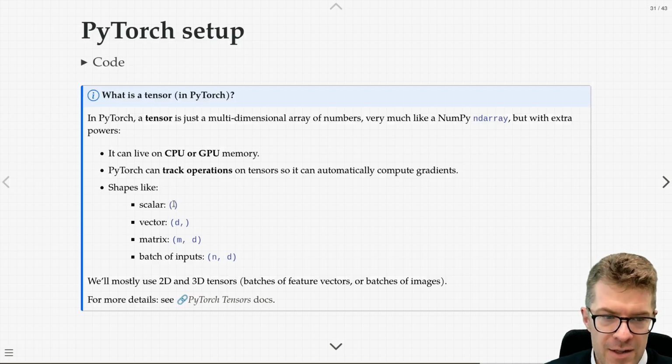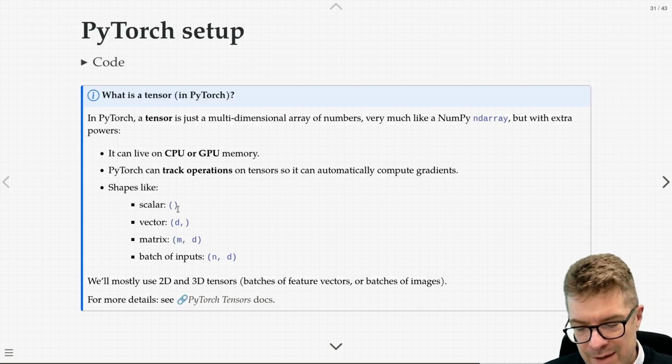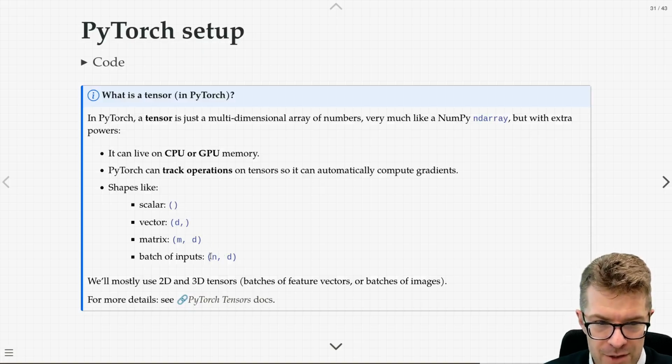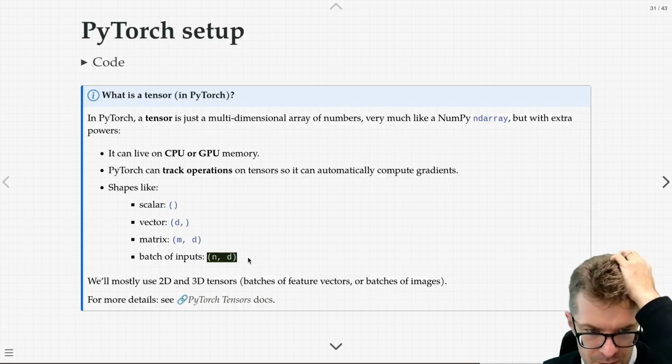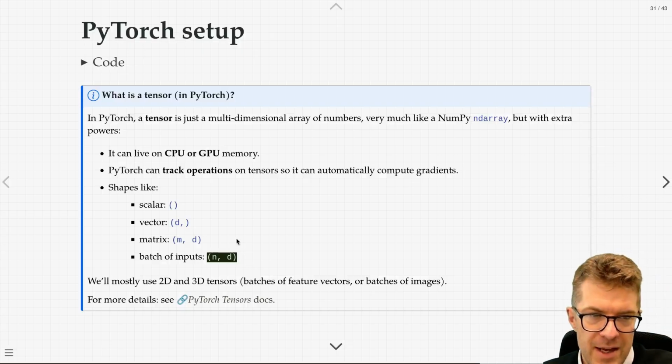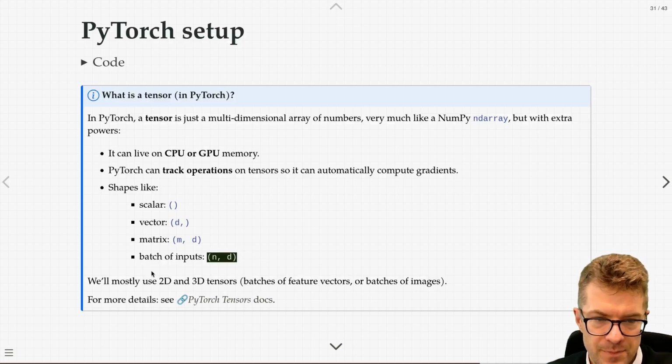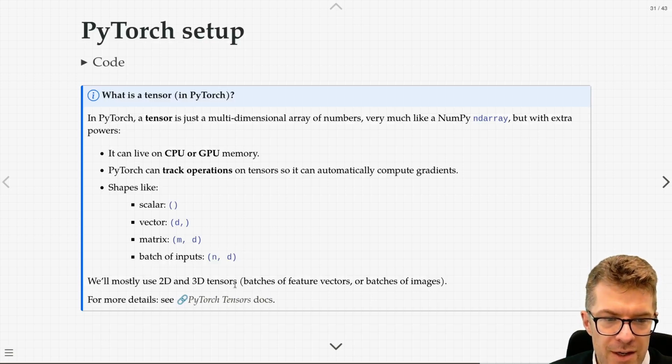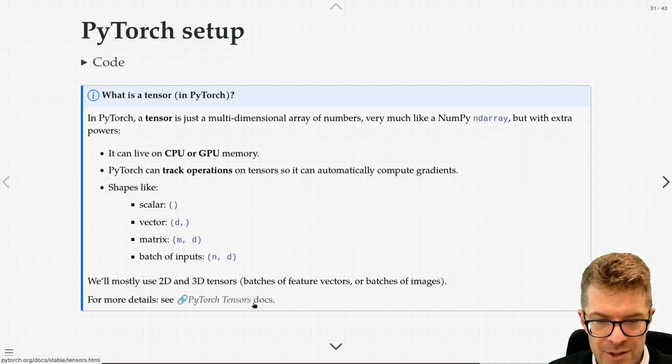And there are all kinds of internal shapes like scalars, vectors, matrices, and batches of inputs. So everything we were doing before has a corollary in PyTorch. We're only using 2D and 3D tensors, so nothing really fancy going on. You can read more about PyTorch tensors here.